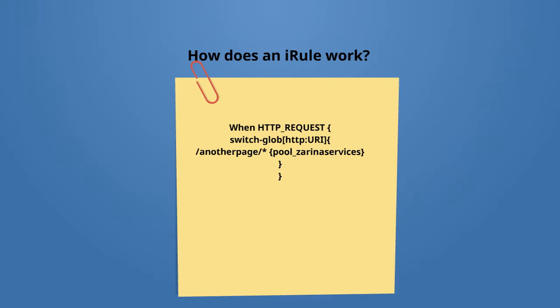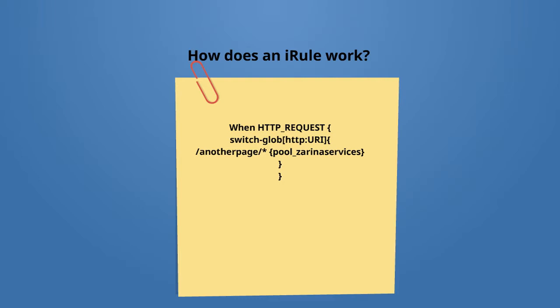What that means is the client who wants to access another page, that service, will then be redirected to a pool which contains this service. This service might be running on another port such as 3030.